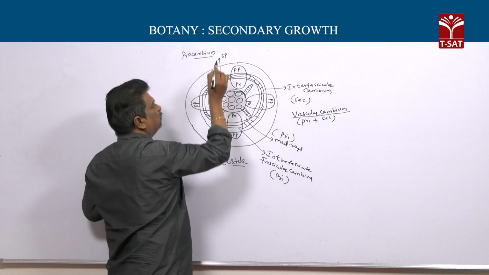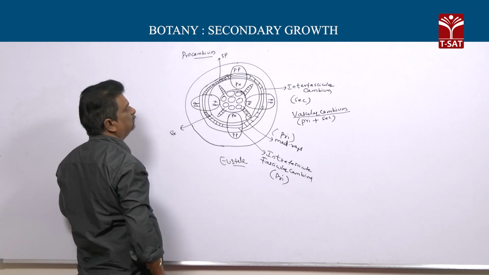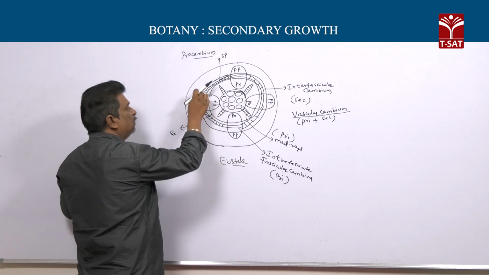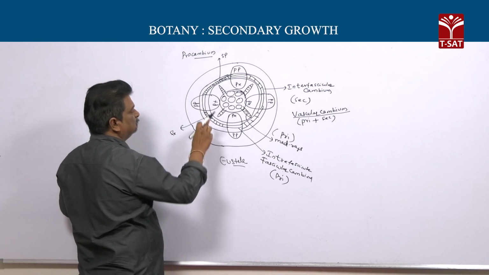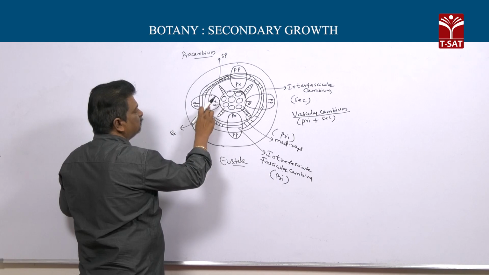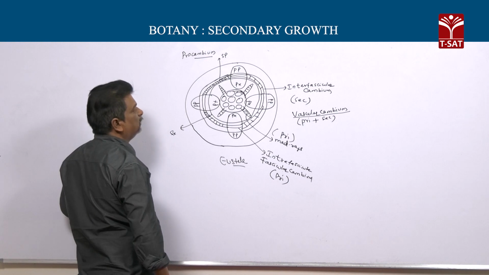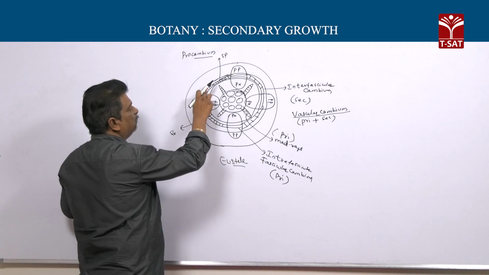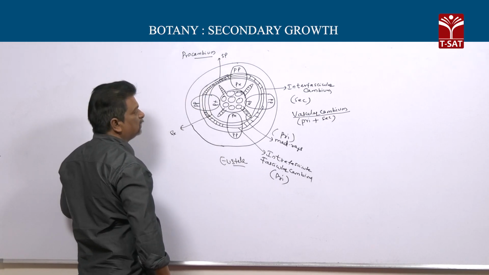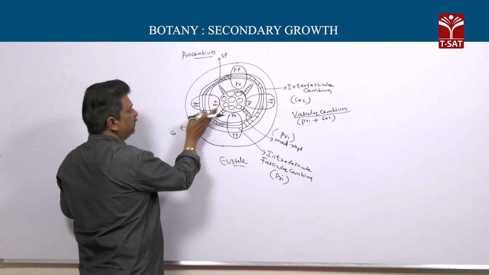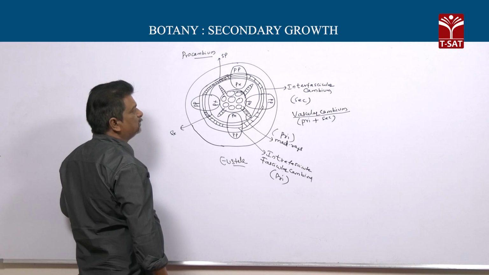So, outside this vascular cambium produces secondary phloem, inside this vascular cambium produces secondary xylem. It means vascular cambium centrifugally, outside, produces secondary phloem, centripetally, inside, it produces secondary xylem.